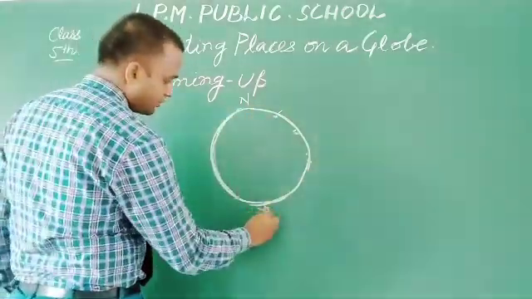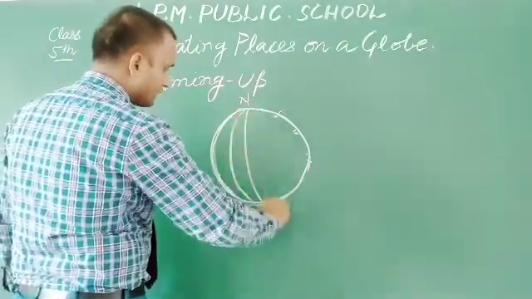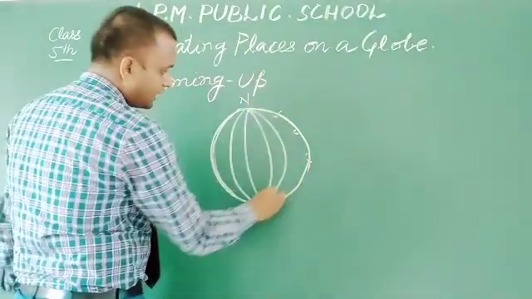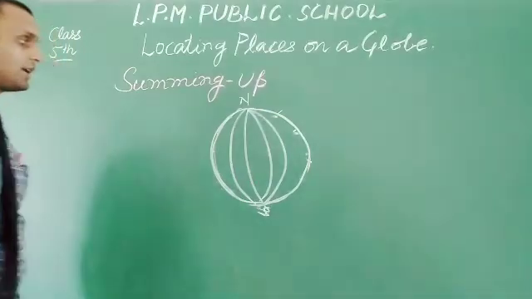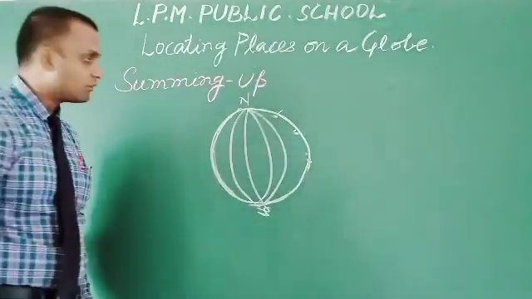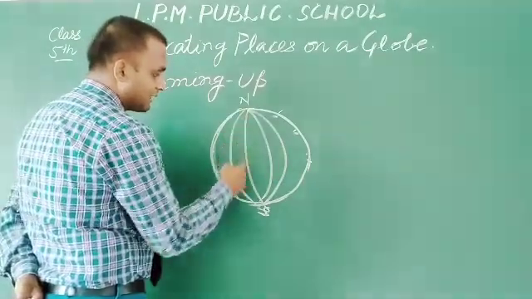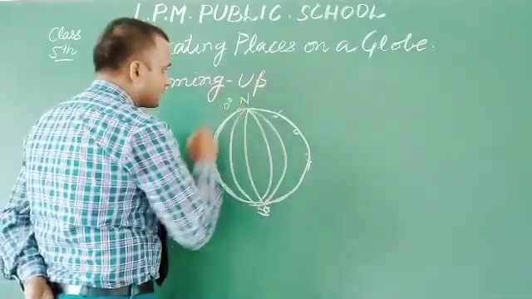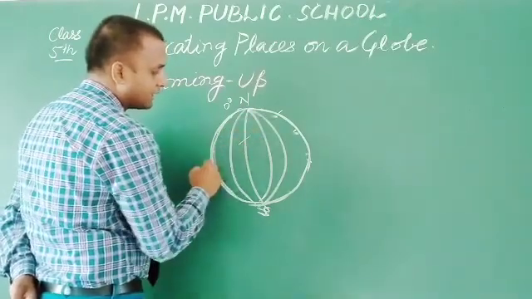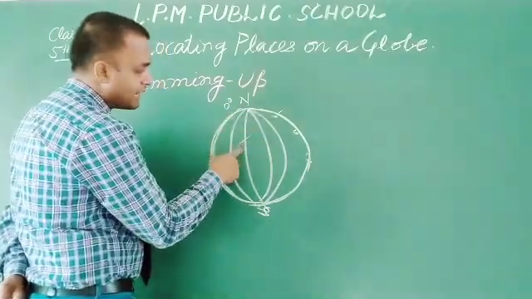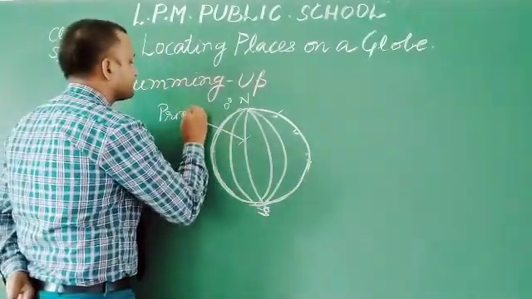We are assuming this is a globe. These lines which come from north to south are called meridians or lines of longitude. This line is the 0-degree meridian, and this line is also called the prime meridian.